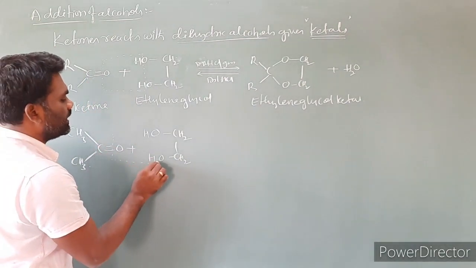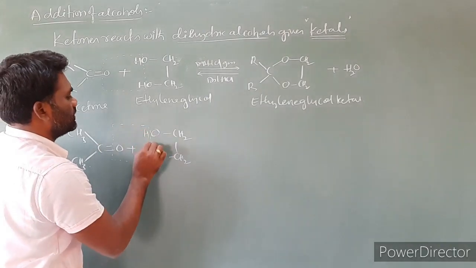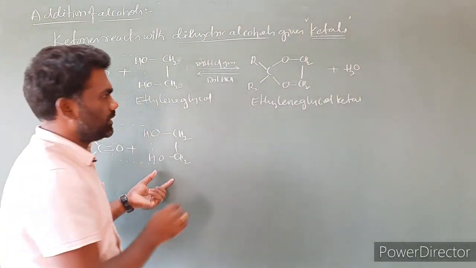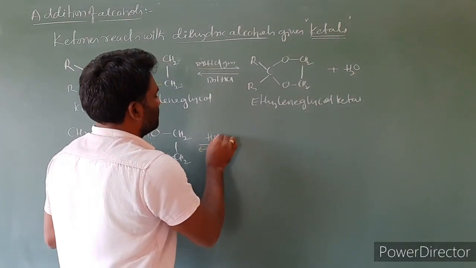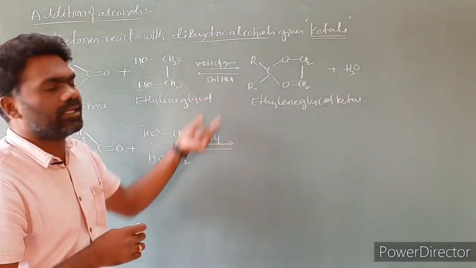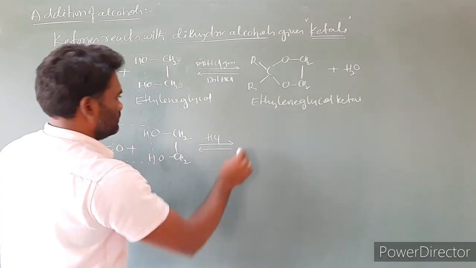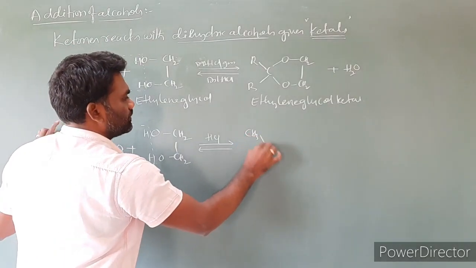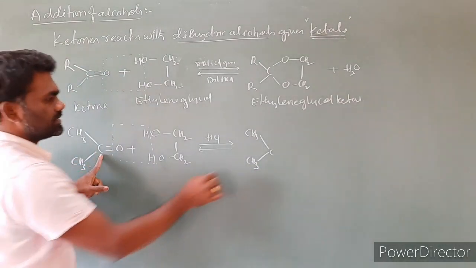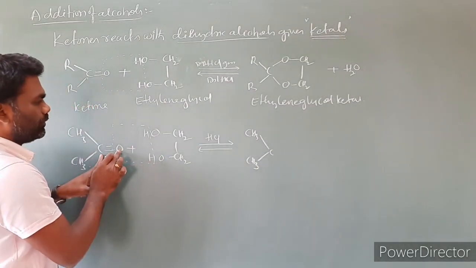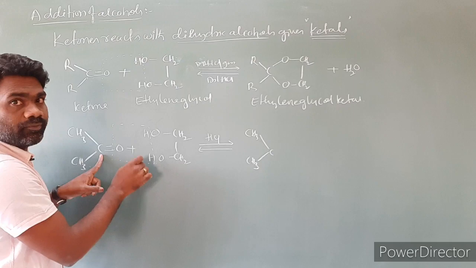This O and this hydrogen are eliminated in the form of water. Then the product is, with the same HCl gas and dilute HCl, CH3, CH3, this remains the same. This C, all O, H and H are eliminated in the form of water.